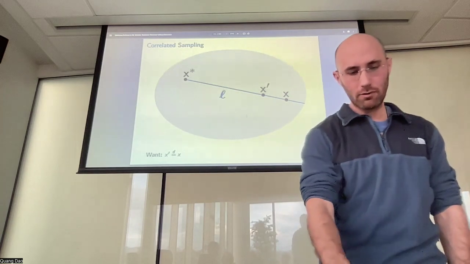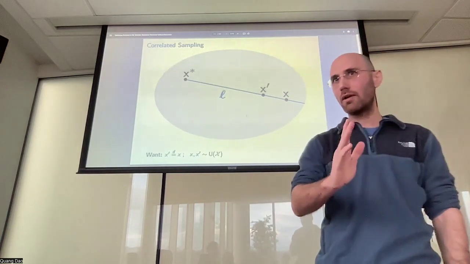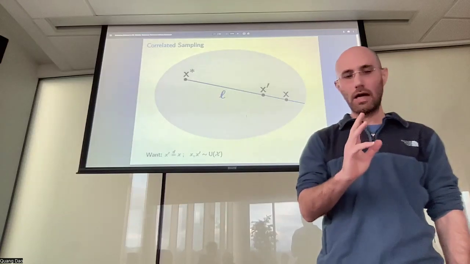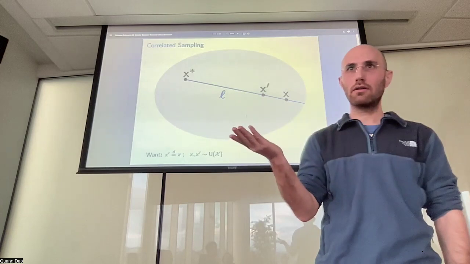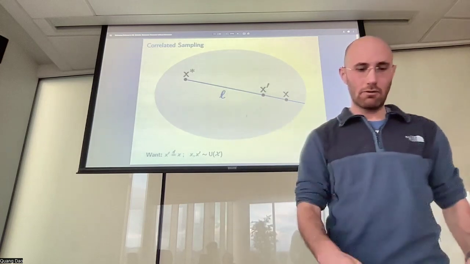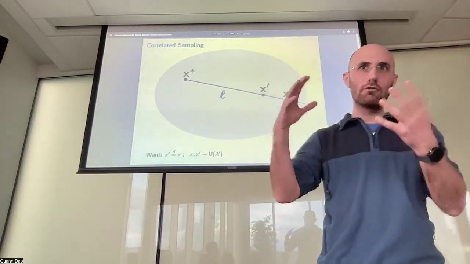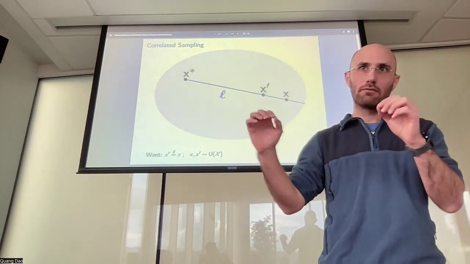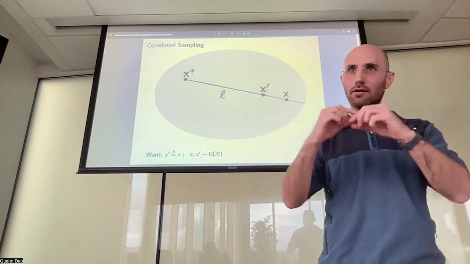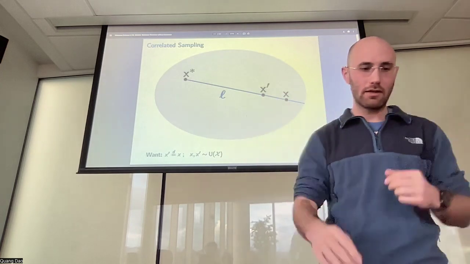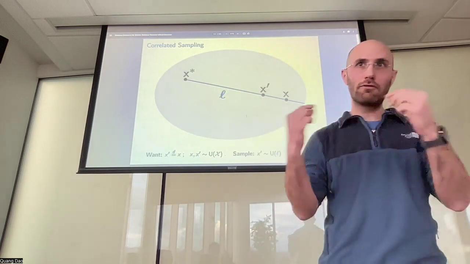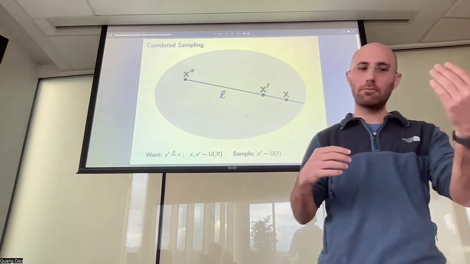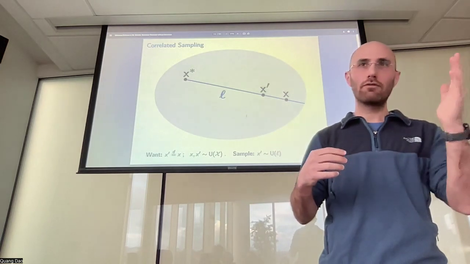So x was uniform, which means that both x and x prime have a marginal distribution uniform on the domain, but they're both on the line L. Basically we're taking the uniform distribution on the domain and restricting it to this line. When you restrict the uniform distribution to a subset of the domain, you get the uniform distribution on that subset, right? So now I need to sample x prime uniform on this line, right?